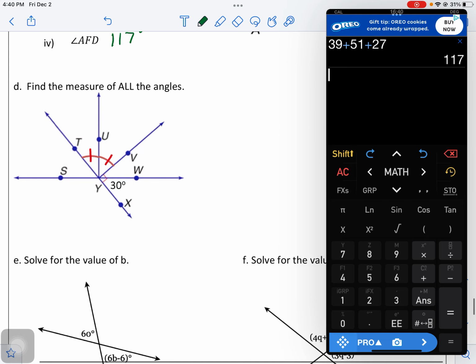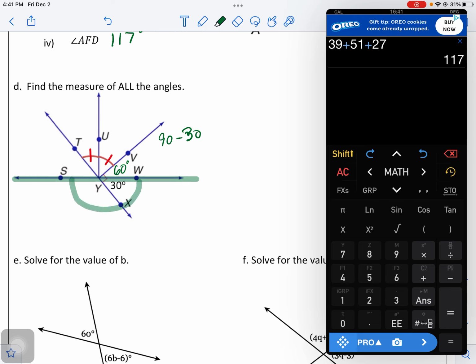Okay, so next one says find the measure of all the angles. All right, so once again, I see this right angle right in here. So that means these two angles added together equal 90. So if this angle is 30, 90 minus 30 is 60 degrees. All right, now I also see this straight line right here.